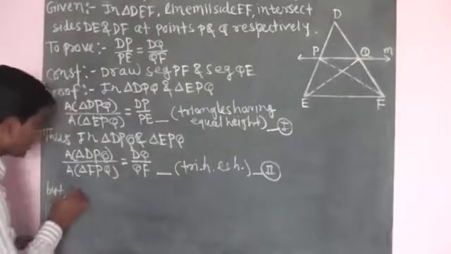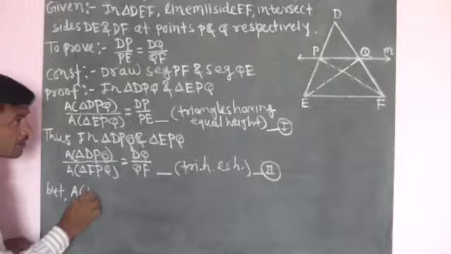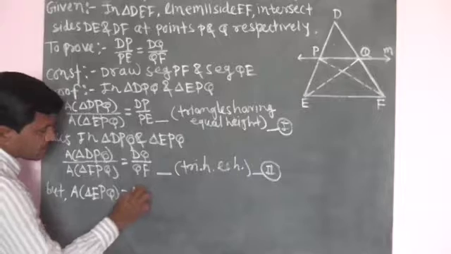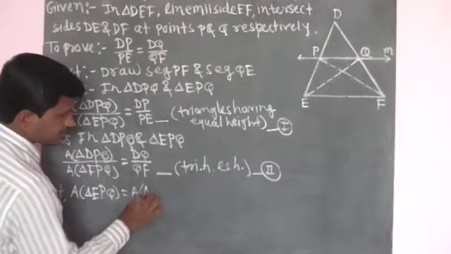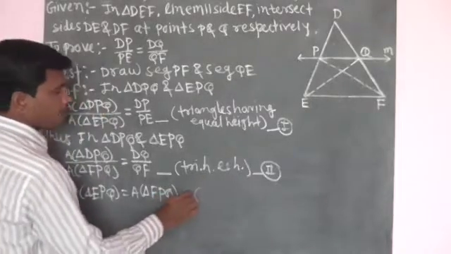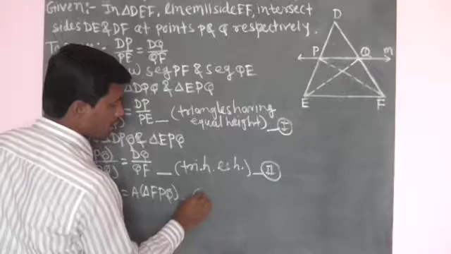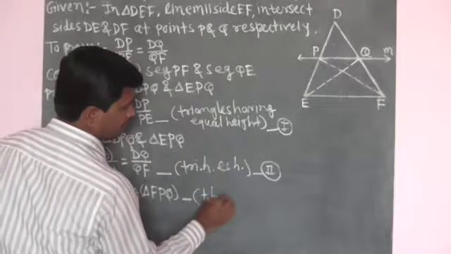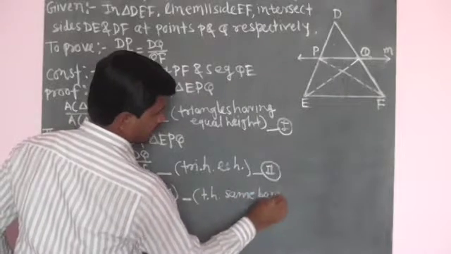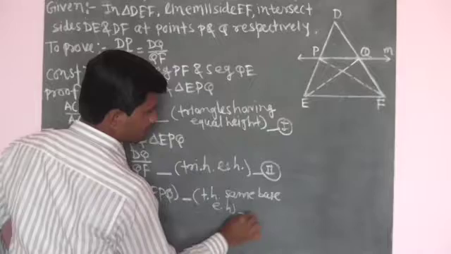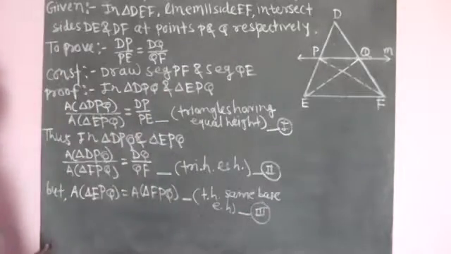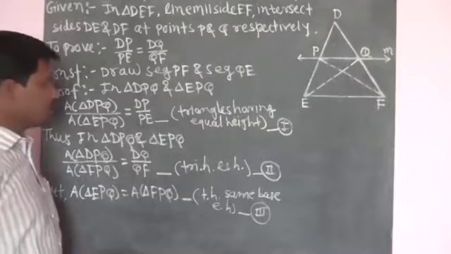Therefore, area of triangle EPQ is equal to area of triangle FPQ, because the triangles have the same base and equal height. Equation number 3.